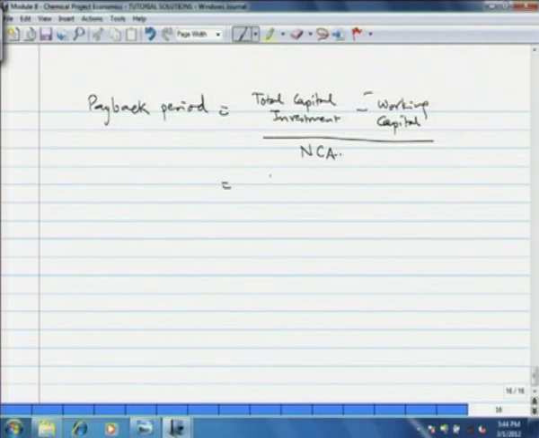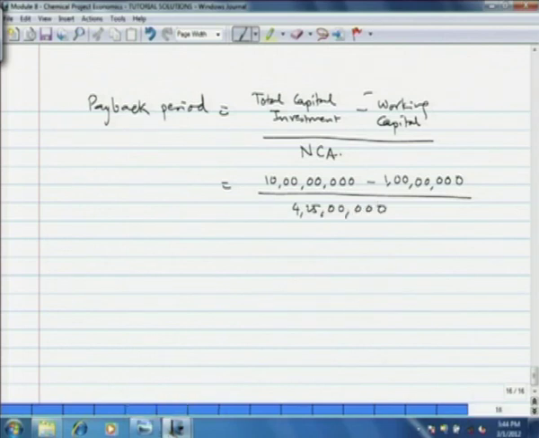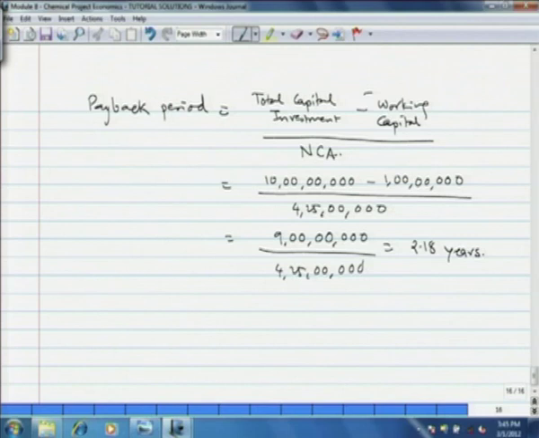So, 10 crore is the total capital investment out of which 1 crore is the working capital, divided by 4.25 crore. This turns out to be 2.18 years. So, the payback period for the plant is 2.18 years.